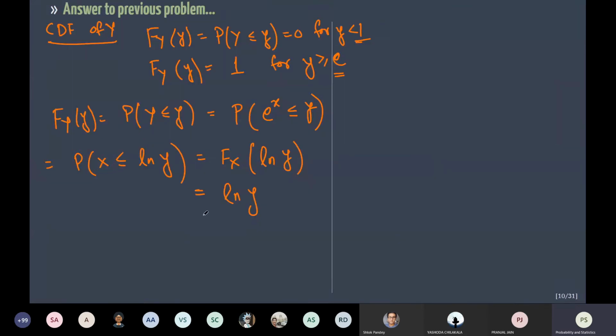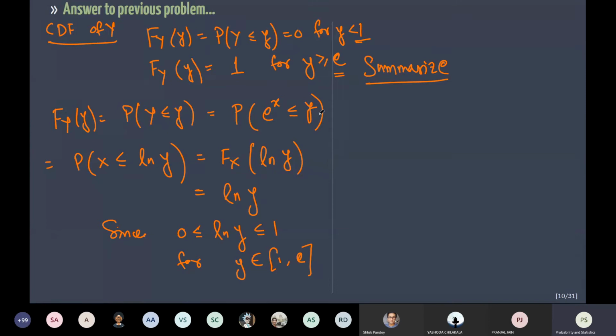So this is what we have because 0 is less than or equal to the natural logarithm of y, which is less than or equal to 1, for y in the range 1 to e. Since ln y lies between 0 and 1, F_X(ln y) will be ln y because X is a uniform distribution.